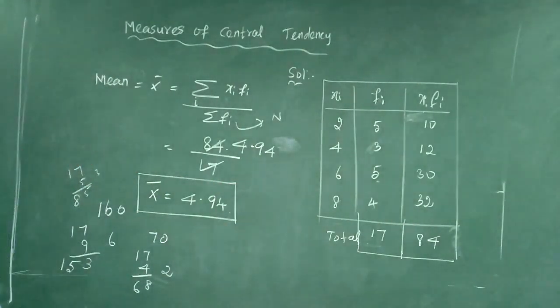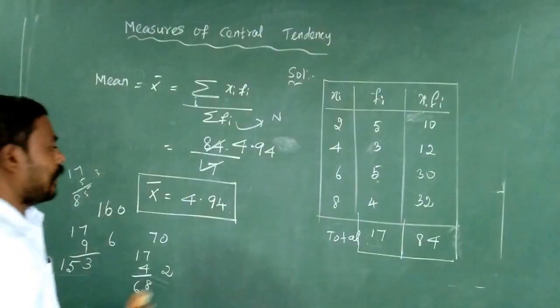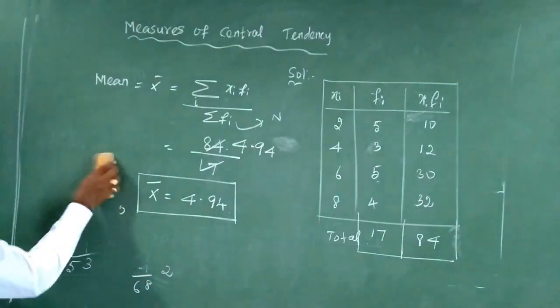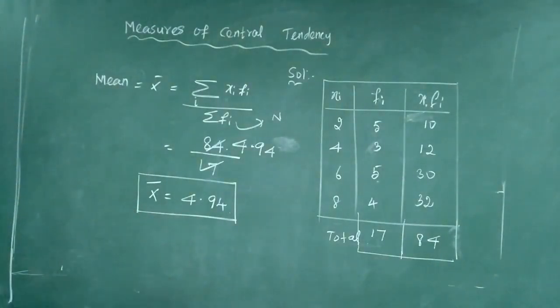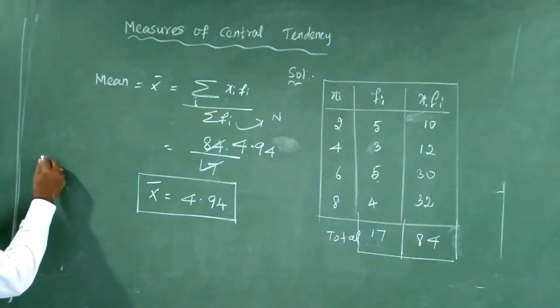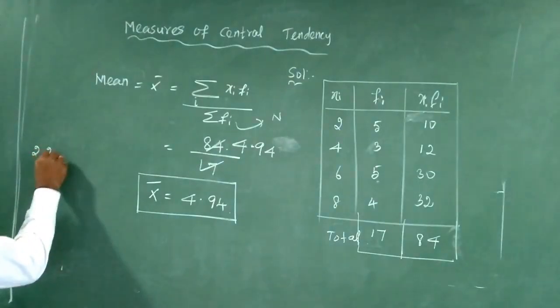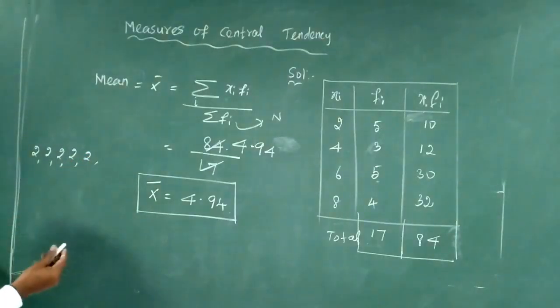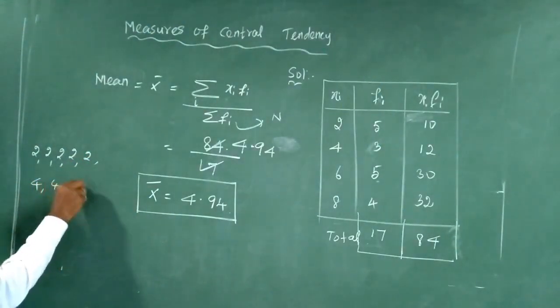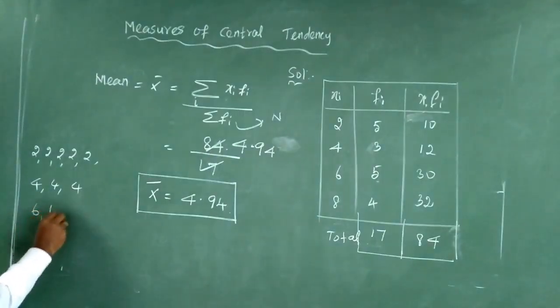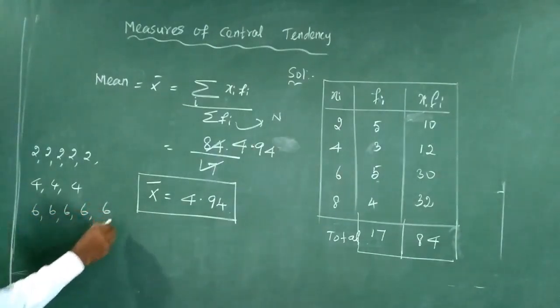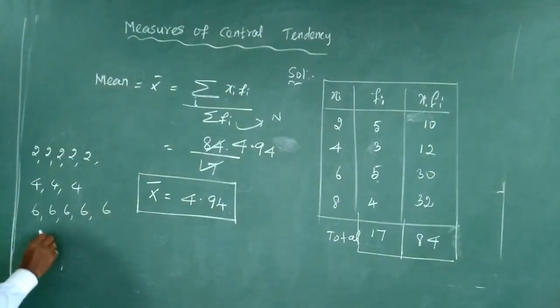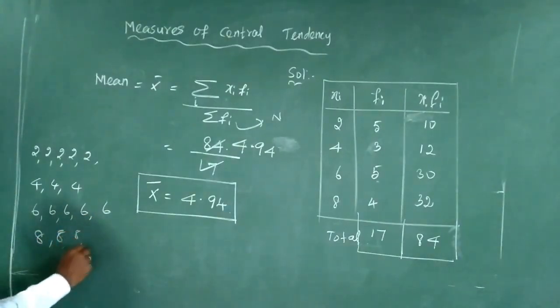So you need to study this thing. What is given to you? X and F. So for that, xi into fi. So xi into fi means 2 occurs 5 times, 4 occurs 3 times, 6 occurs 5 times, 8 occurs 4 times.